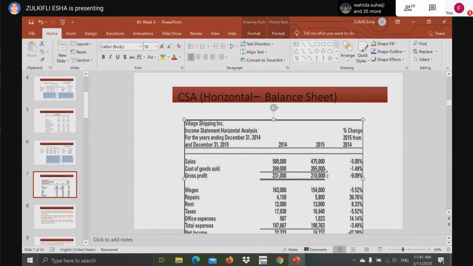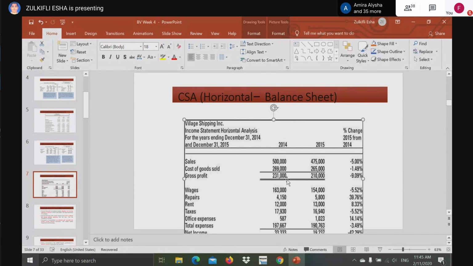But in this example, we have a decrease in both sales amount and cost of goods sold amount. As a result, we will get a decrease in gross profit as well.